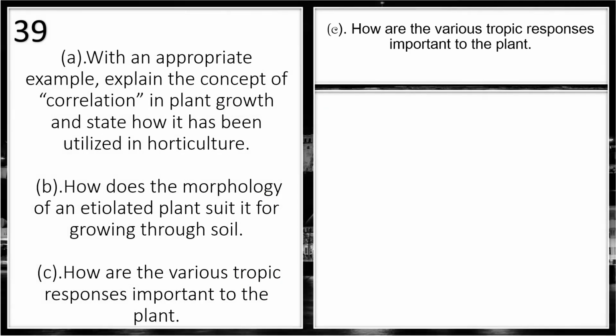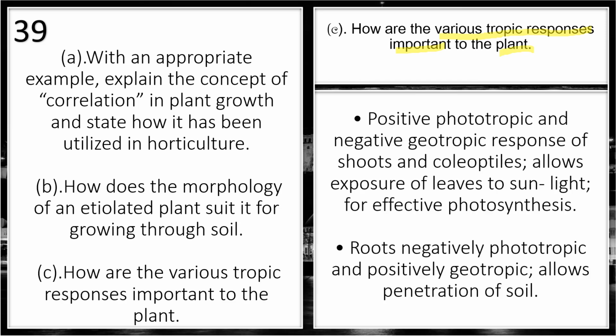Part C. How are the various tropic responses important to the plant? Positive phototropic and negative geotropic responses of the shoot and coleoptile allow exposure of the leaves to sunlight for effective photosynthesis.